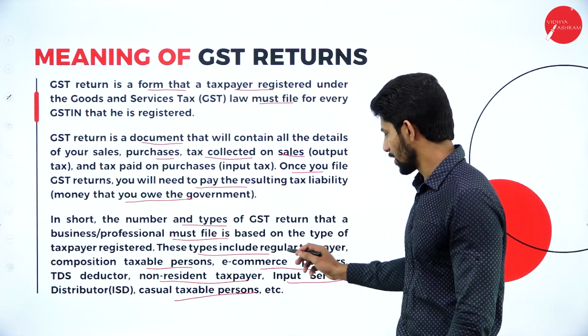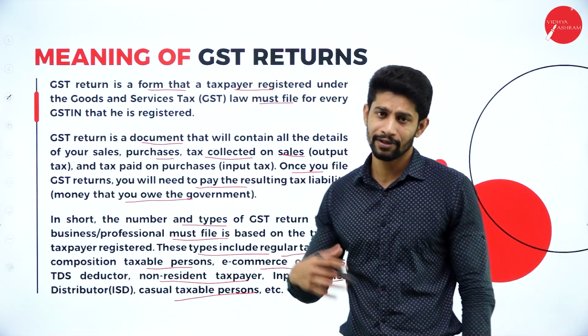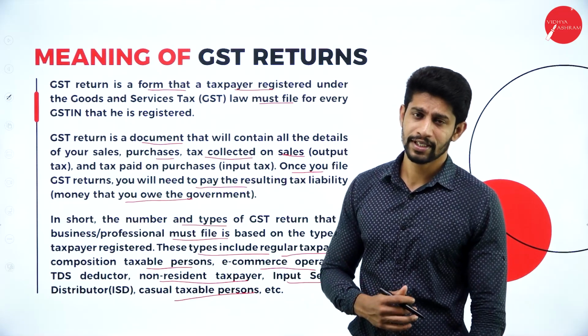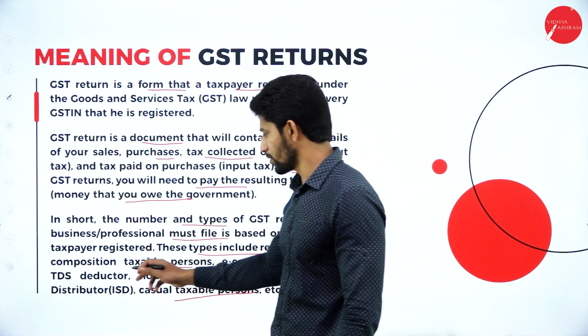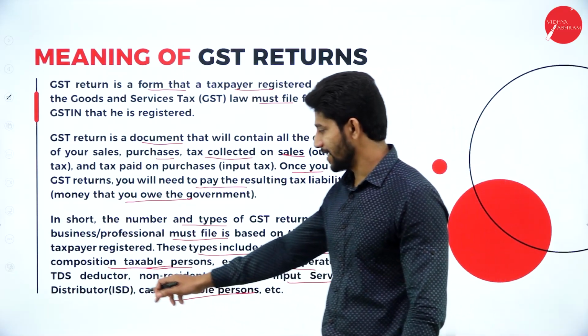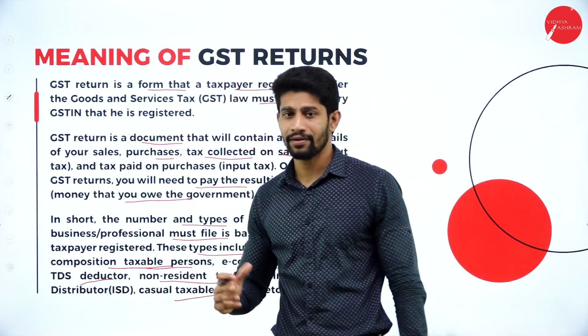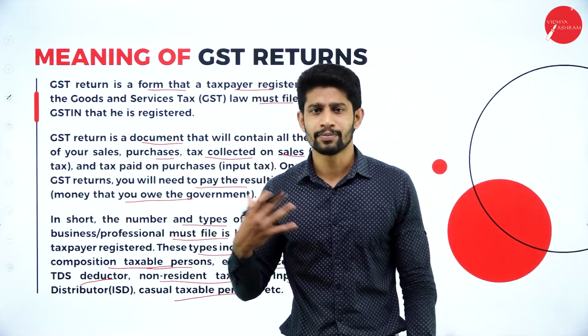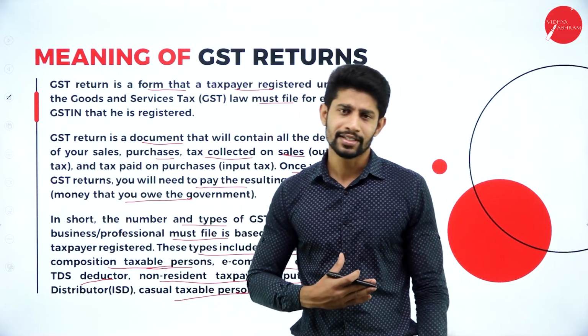If a person is a regular taxpayer to the government, then he is supposed to file a different form of GSTR returns. If he is a composition taxable person, for him we have different forms. And if he is a TDS deductor, for him also we have different GSTR forms. So based upon their business, they are supposed to file different GSTR returns.